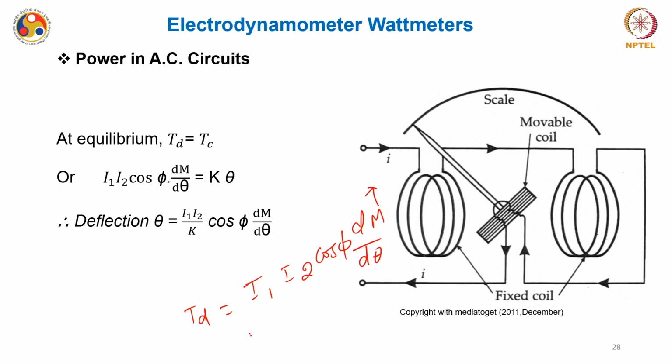If control is provided by a spring system, Tc is equal to k theta, where theta is the deflection and k is the spring constant. Equating the two at equilibrium, Tc equals Td, so k theta is equal to I1 I2 cos phi dM by d theta, or the deflection is I1 I2 by k into cos phi into dM by d theta. This is what we have already seen for the electrodynamometer instrument.